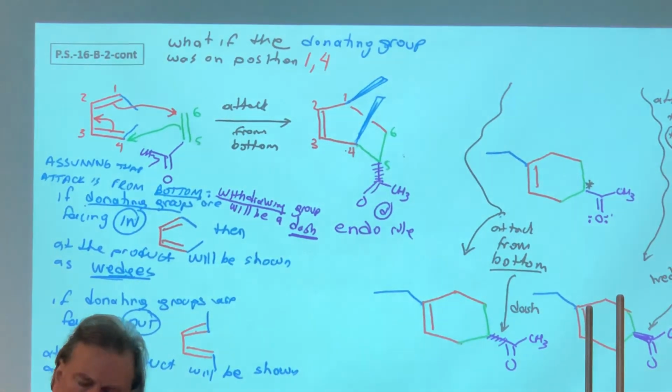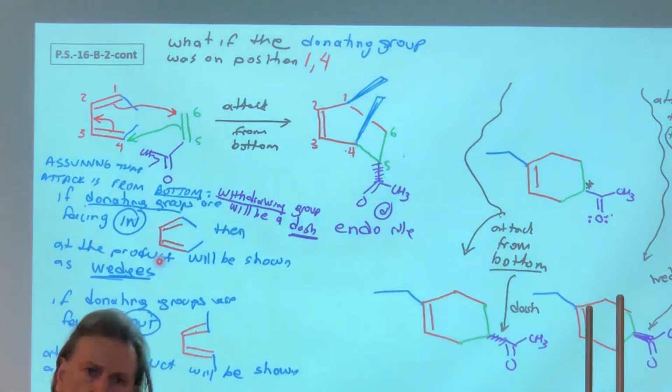Today's problem was 2 and 3, which was not an issue. Then, if it's facing in, it is going to be wedges. If it's outside, it's a dash. What about if one is in and the other is out? One is a dash and the other is a wedge, yes? That's normal. And there are 4 possibilities, right? Dash, dash, wedge, wedge.